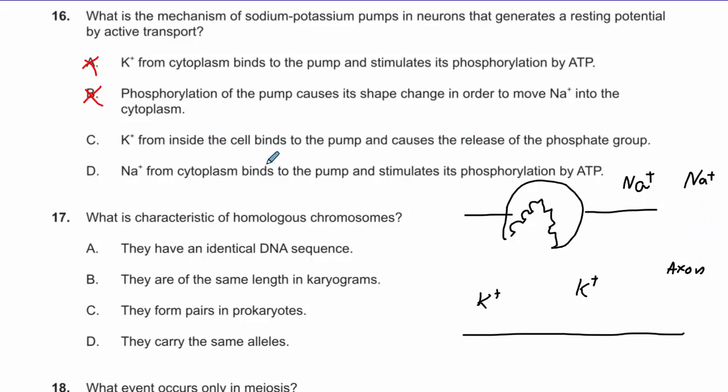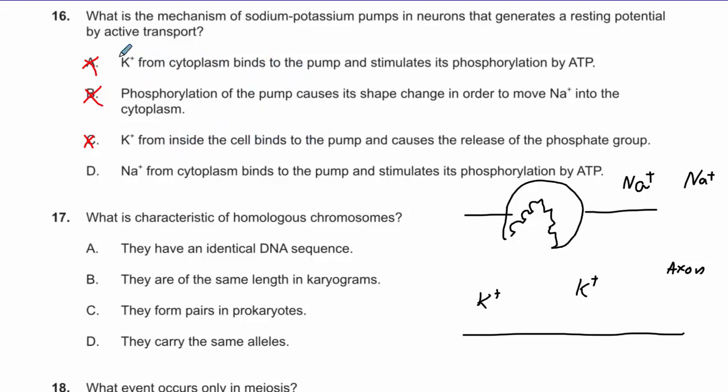C, potassium from inside the cell binds to the pump and causes the release of the phosphate group. Again, this is wrong, because it's basically A. Here it says from the inside of the cell and there it says from cytoplasm.